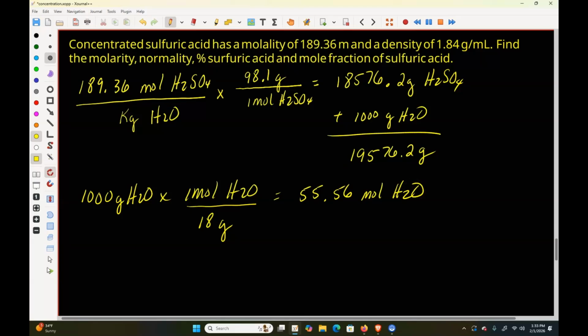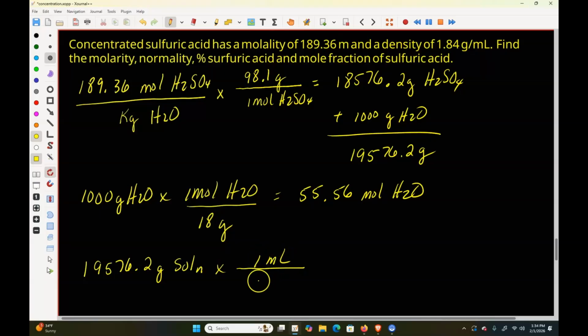Let's take that density and let's get liters of solution. Okay, so I have 19576.2 grams of solution. Let's multiply it times the density.